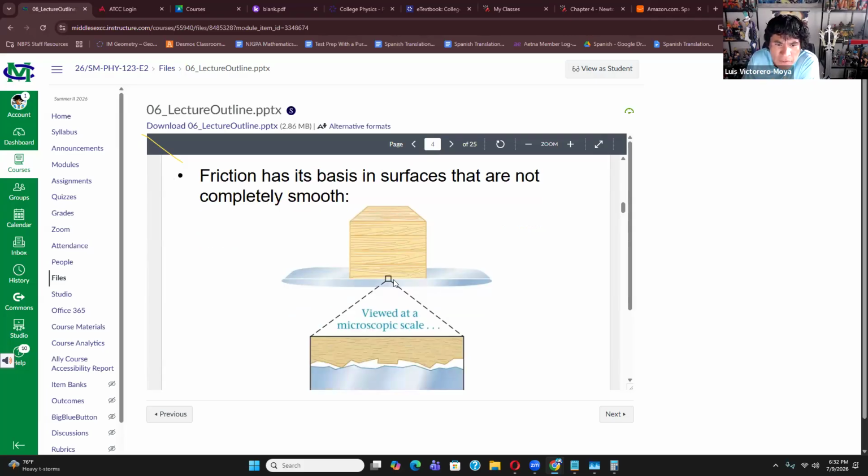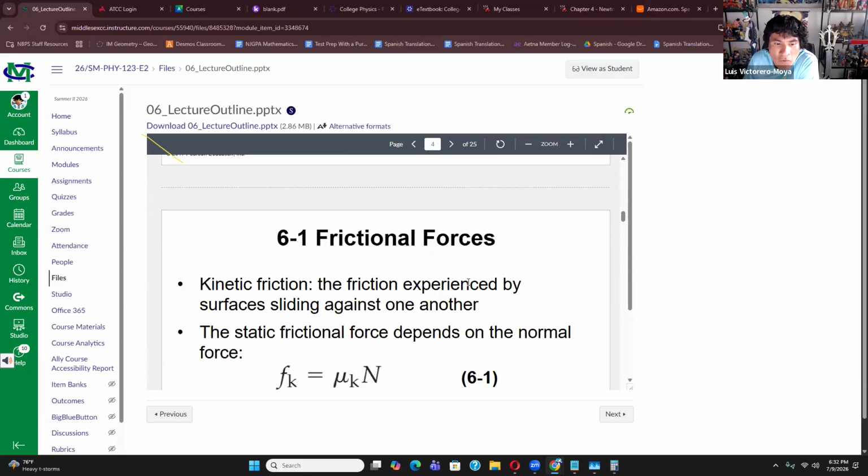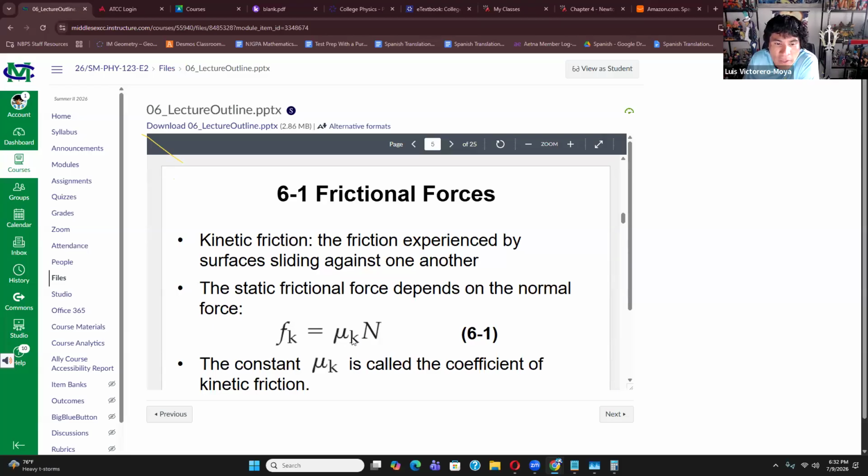You can view this as I said, as a surface that is not completely smooth, but is rough. And we quantify the friction on a given surface with a body in contact by what we call a coefficient of friction, which we label it like this.